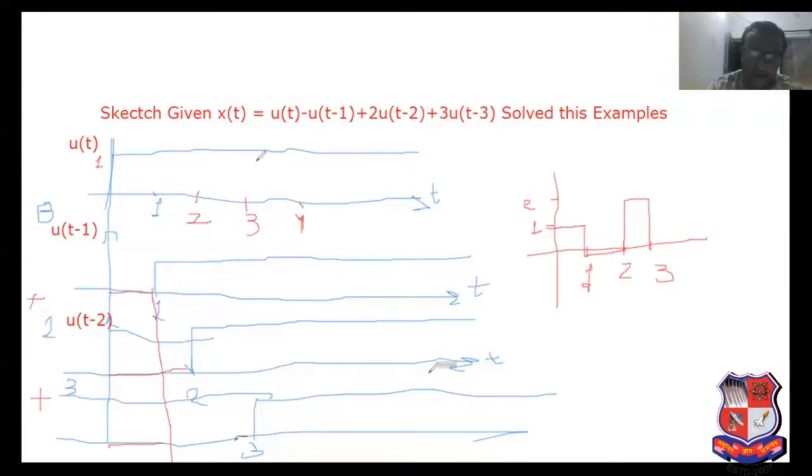Now from 3 onwards, amplitude is 1. Here amplitude is 1. It can be cancelled with each other. So here 2 amplitude, here amplitude is 3. So onwards 3, amplitude is 5. This portion is removed. Sorry.